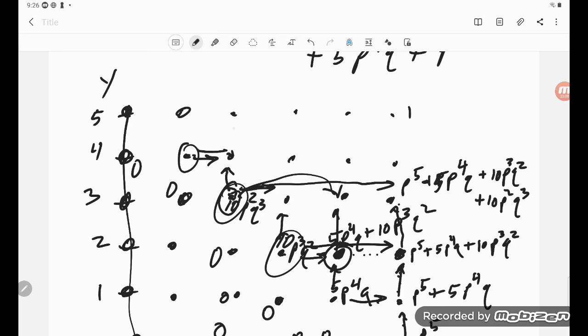Again, you can think of it as, so here I would start with my q to the 5th, and then these two would add, and then if I added this one and that one, I can get that.